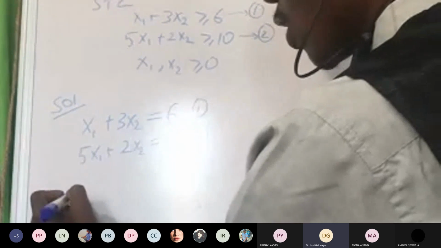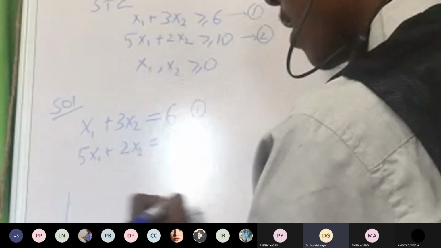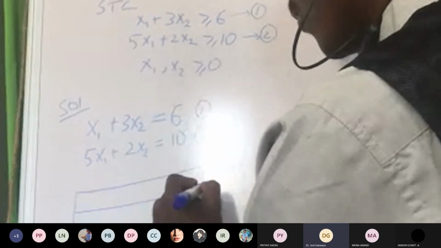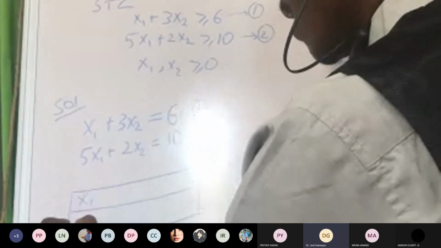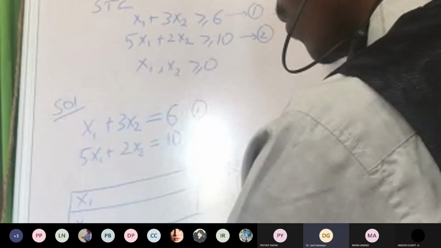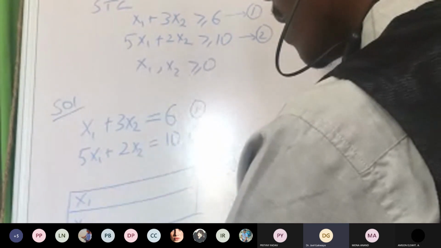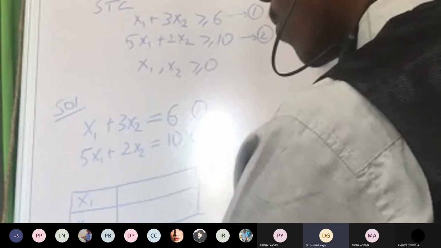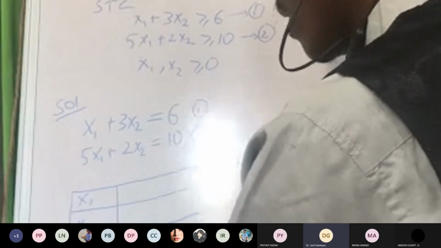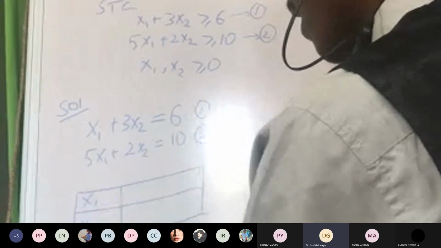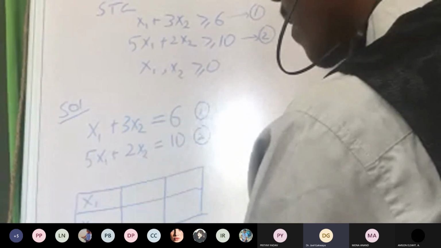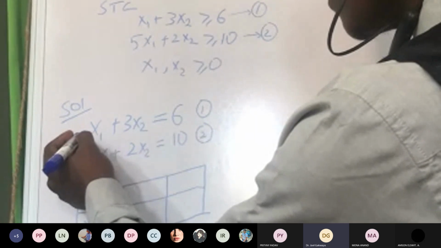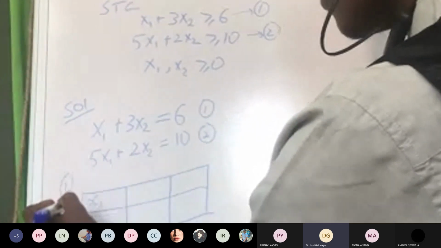In this table we have x1, x2, so that we can formulate the coordinates x1, comma x2. Remember, we are dealing with the first equation, the first line.